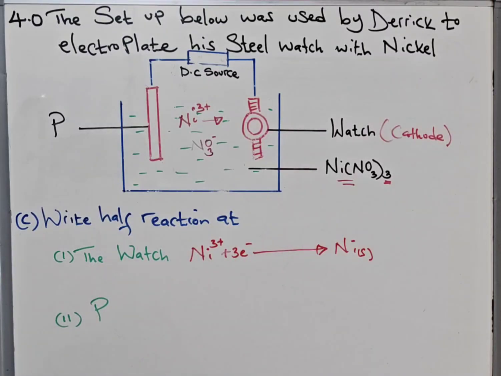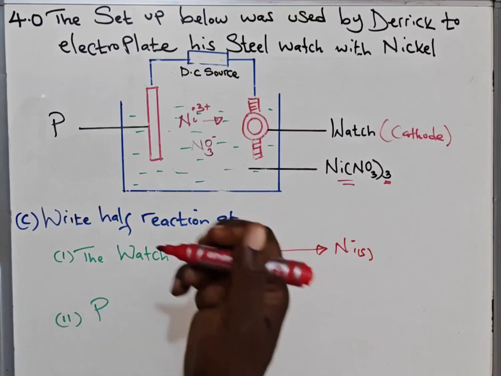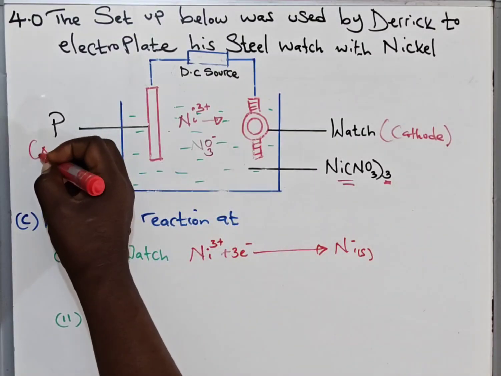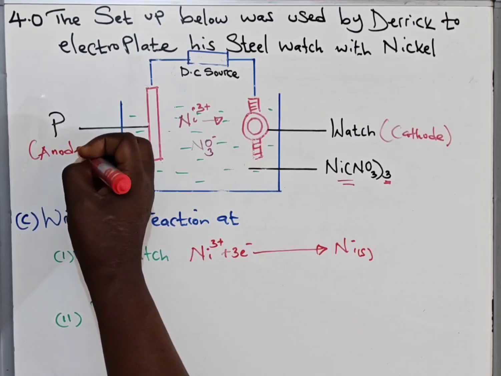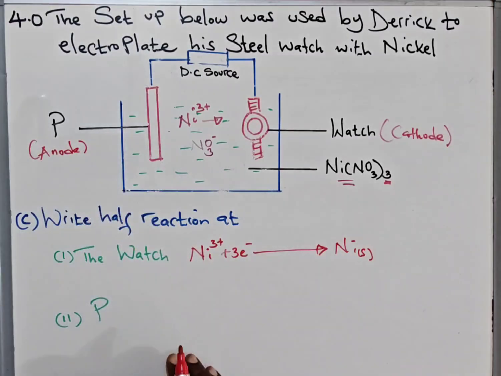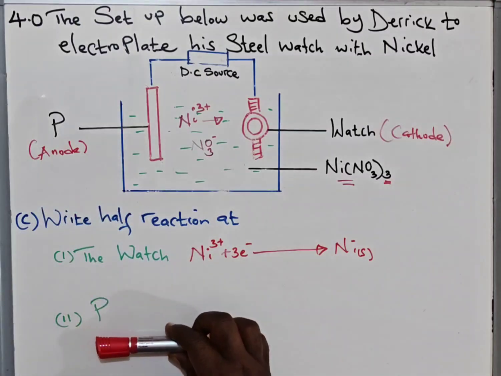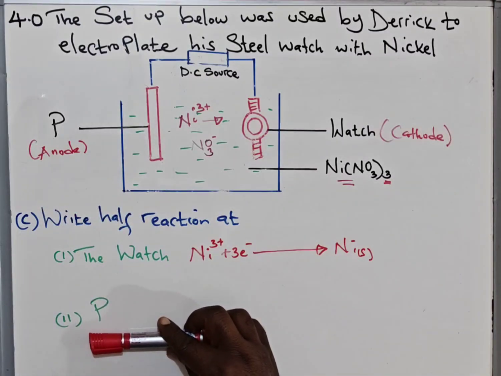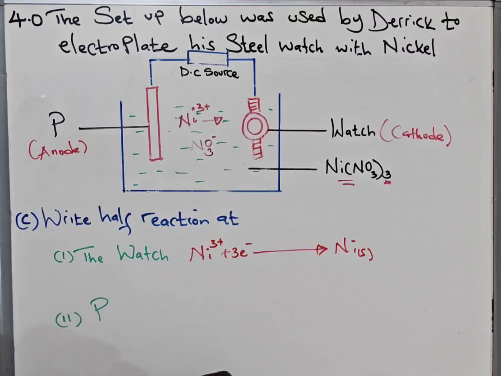Then we come to P. Well, we already identified P as the anode. Implying that in terms of ion change, if it's the anode, what happens at P is oxidation. And what is oxidation in terms of ions? It is the change from solid to positive ions.